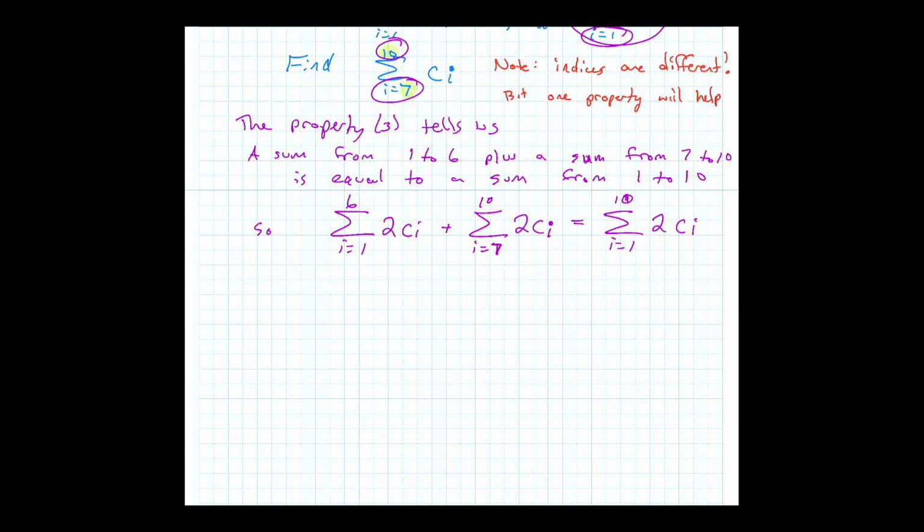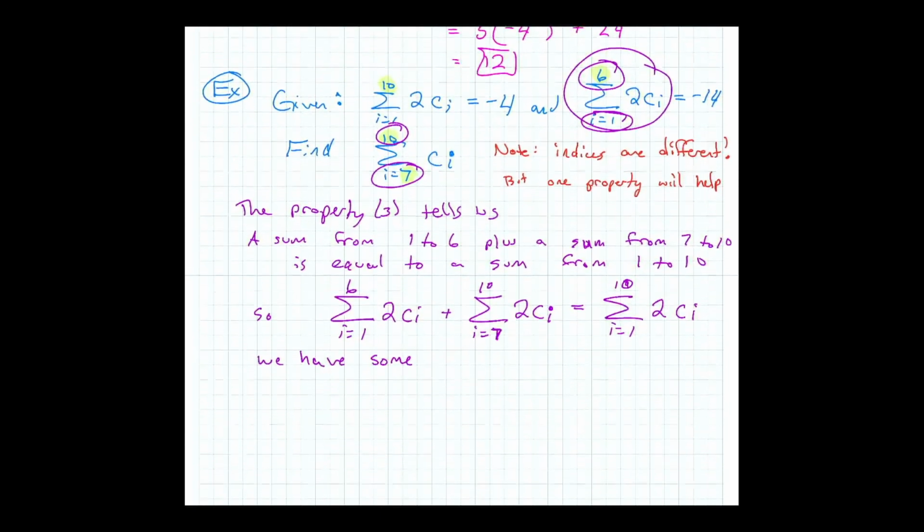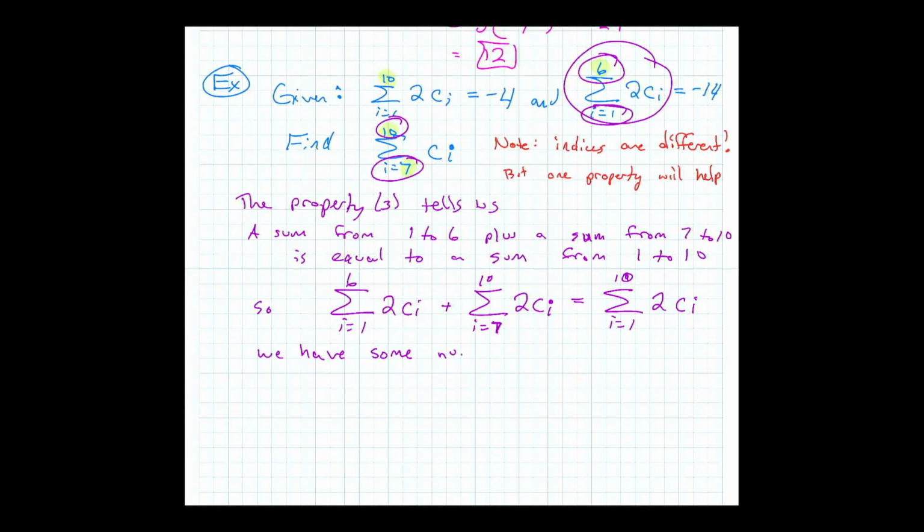All right, so what are we going to do with that? Well, we've got some numbers to fill in. So what numbers do we have to fill in? Let me erase some of these scribbles.